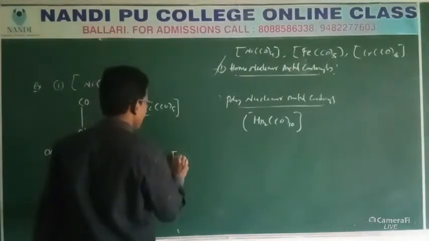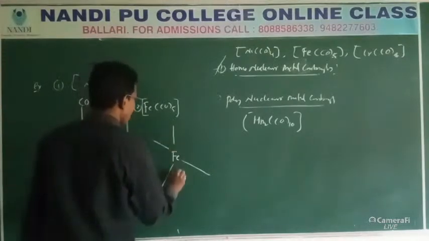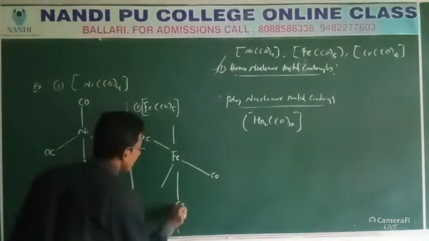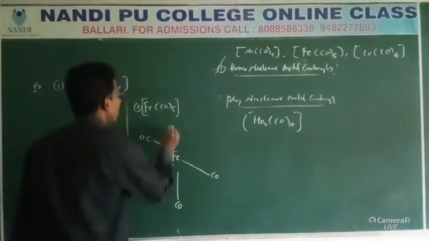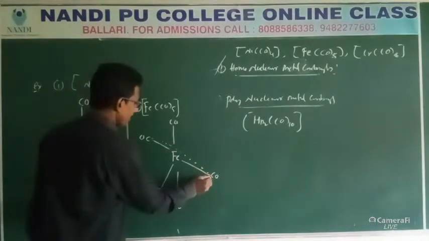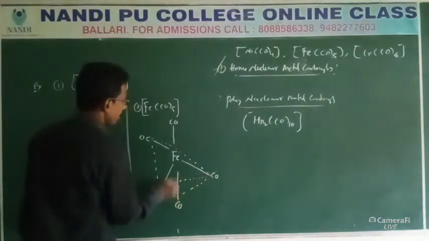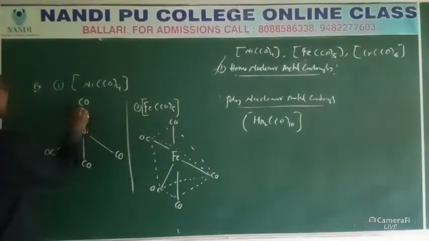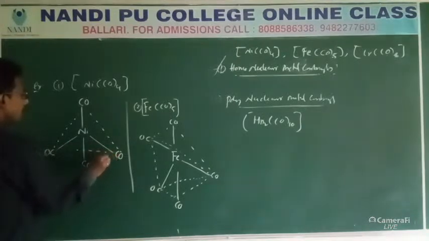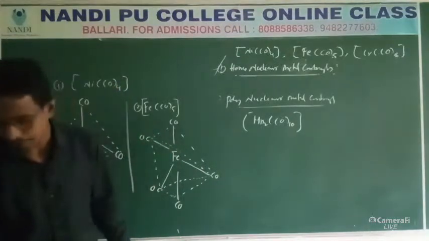This is trigonal bipyramidal. Iron, 1, 2, 3, 4, 5 CO. If any doubt, think of the PCl5 structure, children: trigonal bipyramidal. Ni(CO)4 is tetrahedral. This is trigonal bipyramidal for iron.